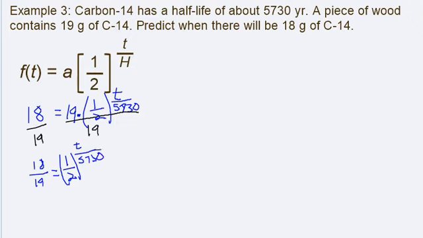Well, as in some of the examples before, we have a variable in our exponent. So what we can do is take the log of both sides. So let's write that in here. We're going to end up taking the log of both sides. We have the log of 18/19 equals, and the reason that we take the log of both sides is we can use this power rule.